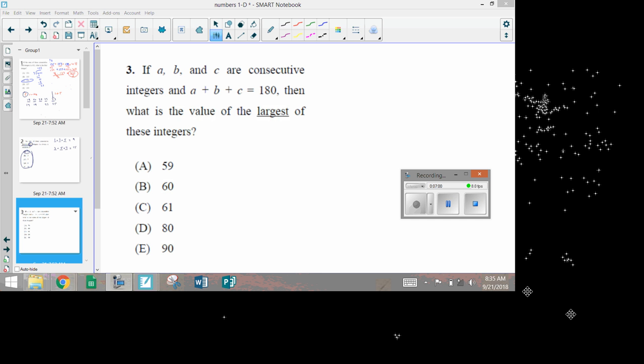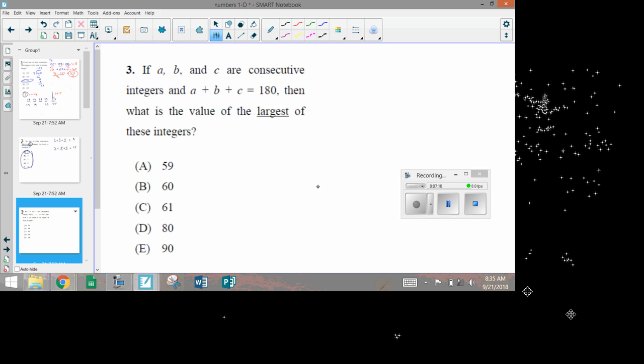Do you remember? Let's do that together. 3 of them is given. In order to find the middle one, what should you do? Divide by 3. Okay, 60, right? So this is the middle one. And what is the value of the largest one? It's saying consecutive integers. It's not telling either even or odd.